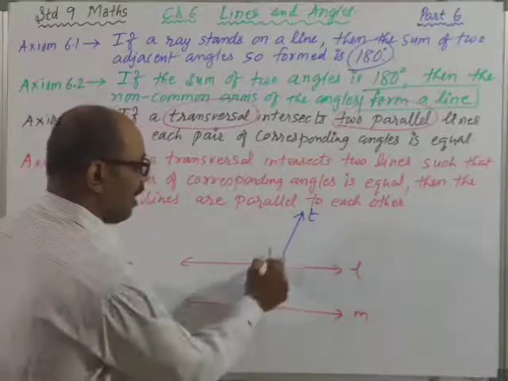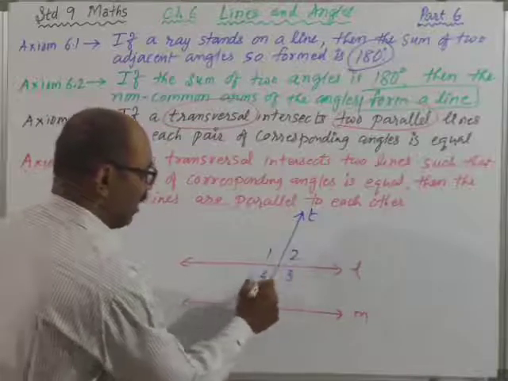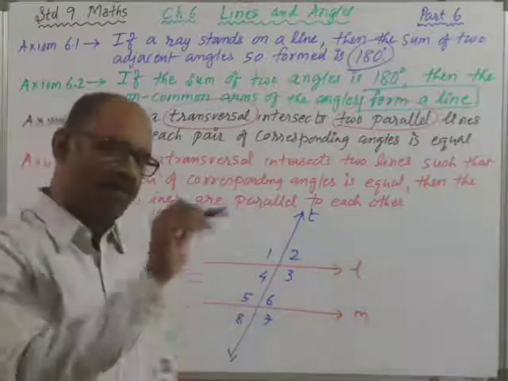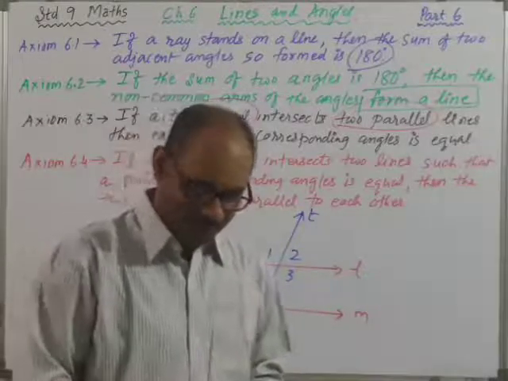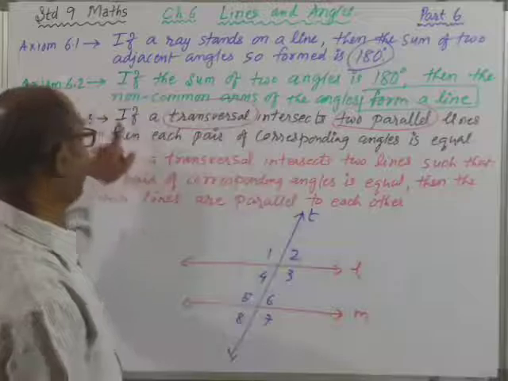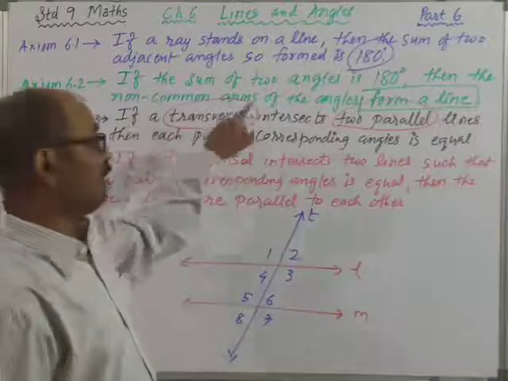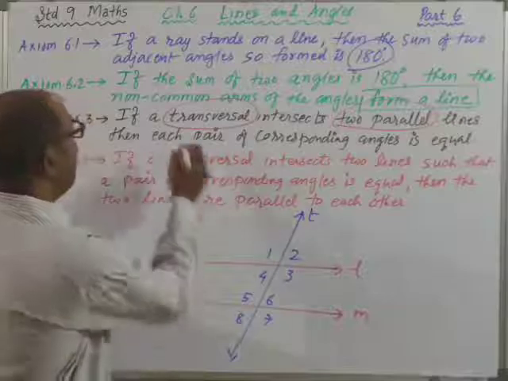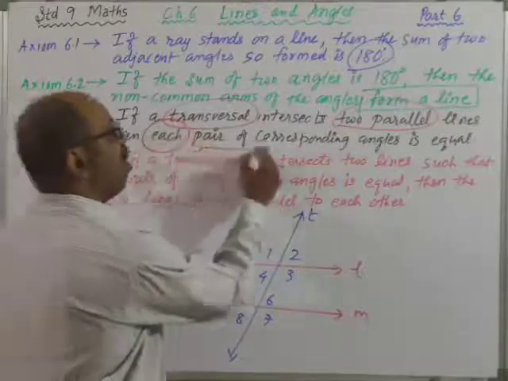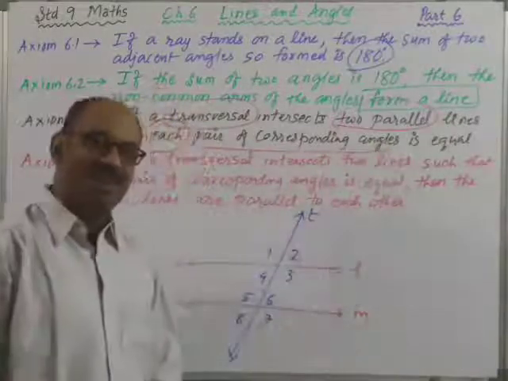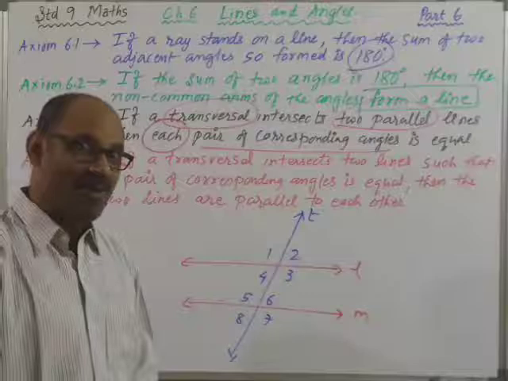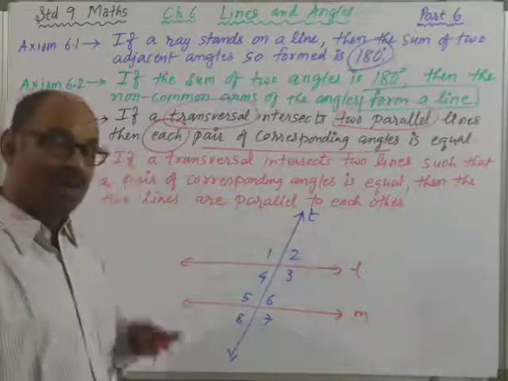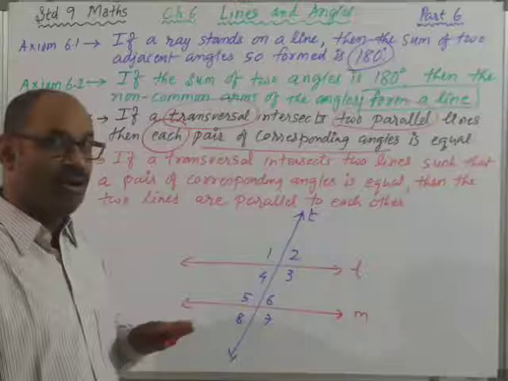Angle 1, angle 2, angle 3, angle 4, angle 5, angle 6, angle 7 and angle 8. You have to be given the numbers. So here is the statement. If a transversal intersects two parallel lines, then each pair of corresponding angles is equal. I have told you this, if you remember. Now this is in the form of an axiom, so we have to accept the fact. We don't need to prove it.